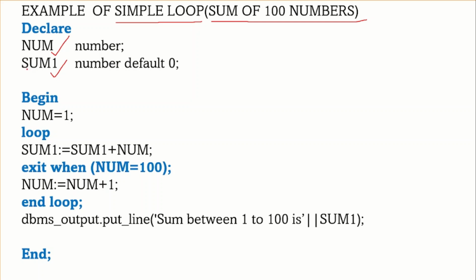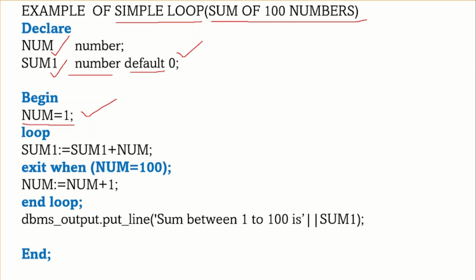So I have declared a variable sum1. It is of number type and the default value is 0. So I have initialized it with 0. Now we'll begin. In the beginning, we'll initialize num as 1, because we need to find the sum of the first 100 numbers.